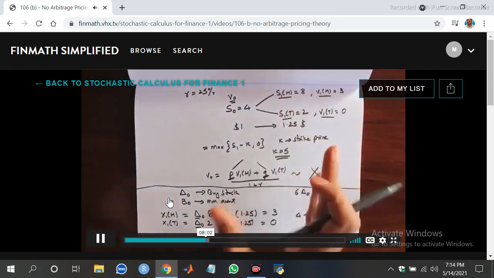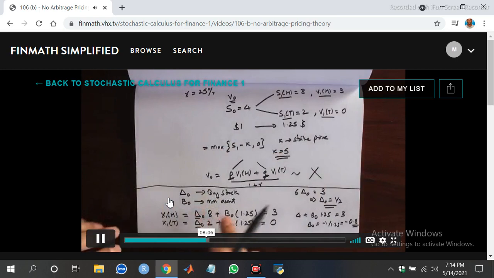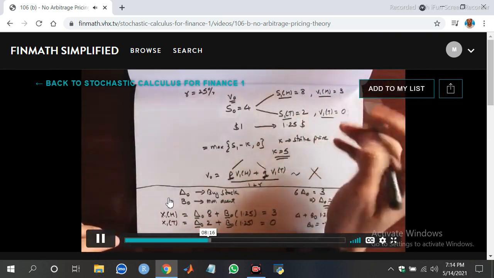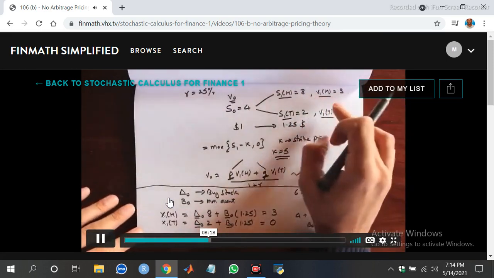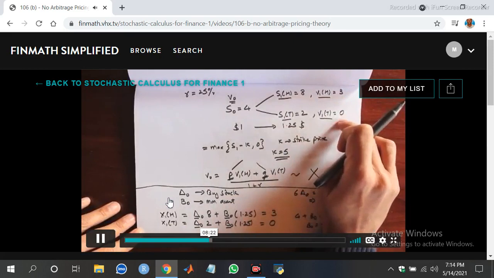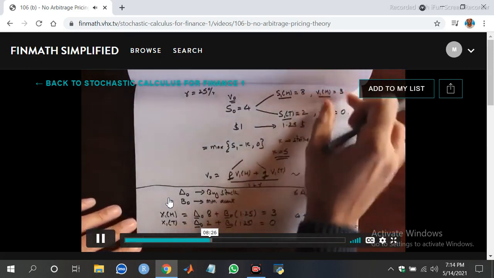So we have now simultaneously created a portfolio of stock and bond, or stock and money market account, that equals the value of our option in all future possible states. In future we could have had a head or a tail, and we could have had a value of 3 or 0 for our option, and we created a portfolio which replicates this option.